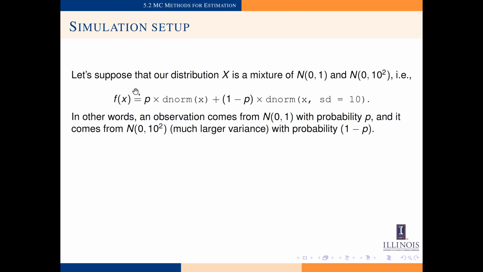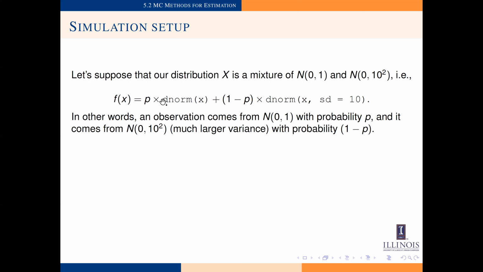So let's suppose that our distribution X is a mixture of normal 0, 1 and normal 0, 100. Here the standard deviation is 10. We have learned about mixture distributions when we talked about random variable generation.